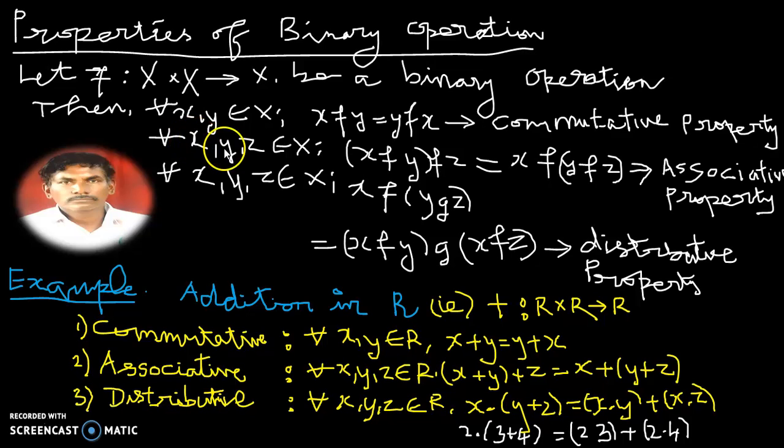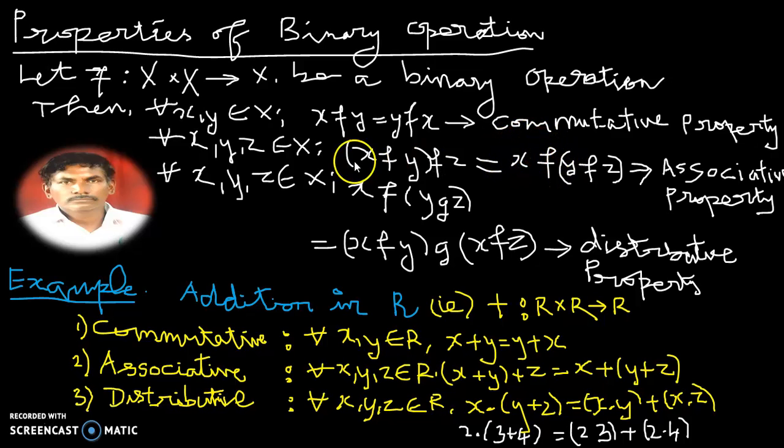For all x, y, z belonging to the set X, x binary operation f on y, first we are associating, then we are associating z with the same binary operation, and this would be exactly equal to applying the binary operation on the last two elements, y and z, and then applying f with the first element x.